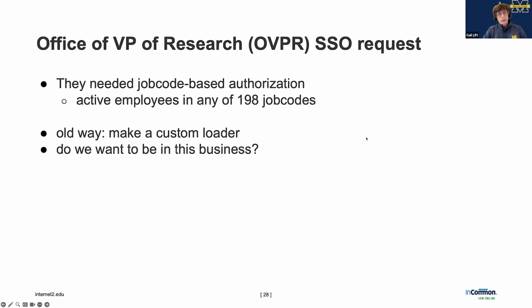So in the past, we would have made a custom loader or made a group in some other way that the SSO system could get to. But this is the first one that popped in the door. How many more are going to be like this? Who wants to maintain all these job codes, lists, etc. in the new way? Next, please.